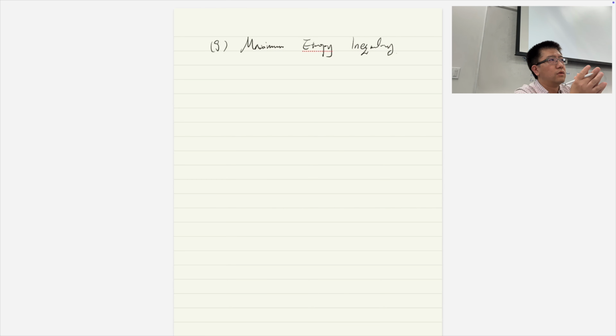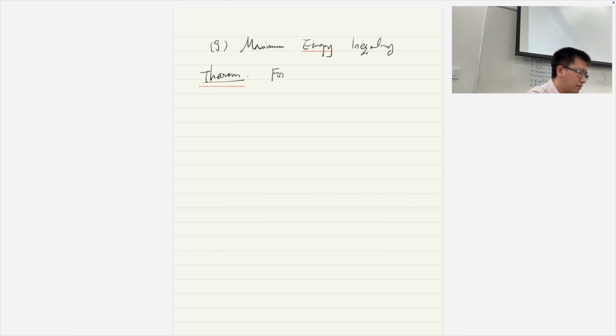Now for the differential entropy, what distribution will maximize it? Of course, we need to have some conditions. Our constraint here is that for the random vector, we have the same covariance matrix. With the same covariance matrix, what distribution will maximize the differential entropy?